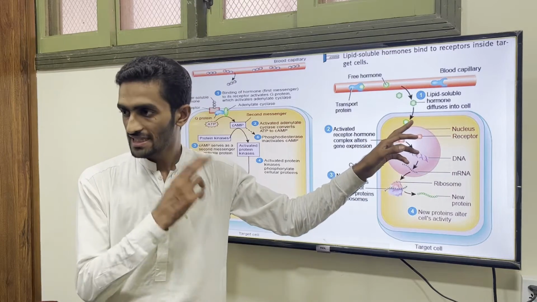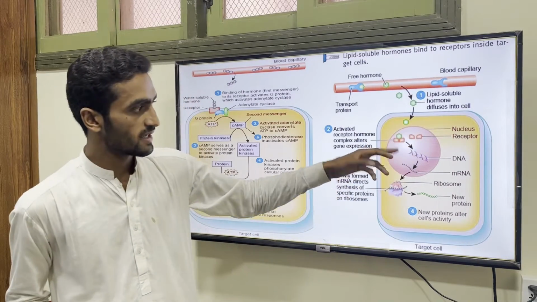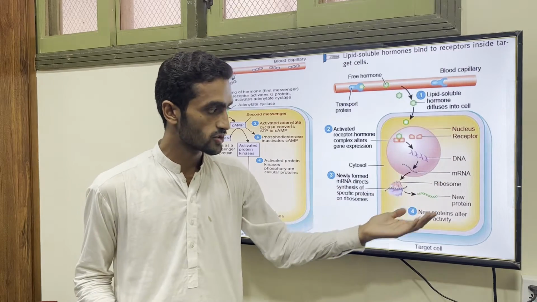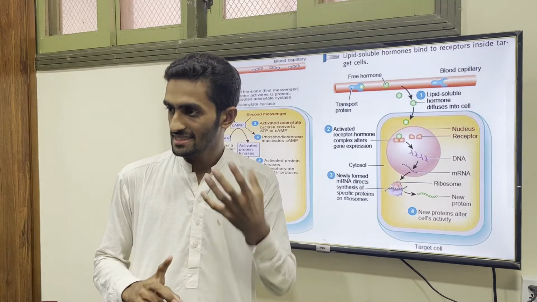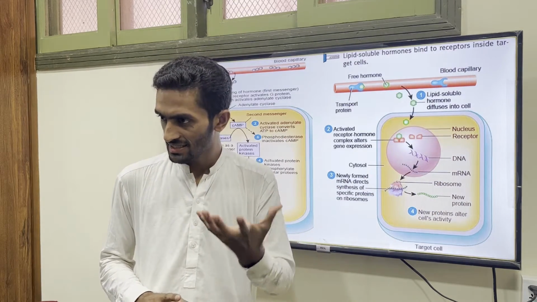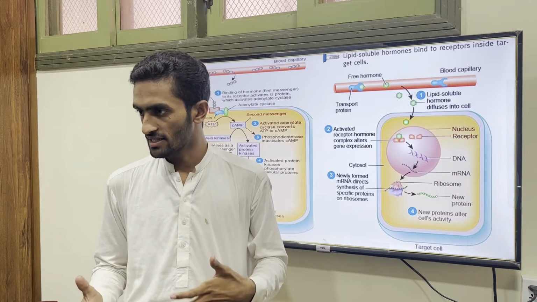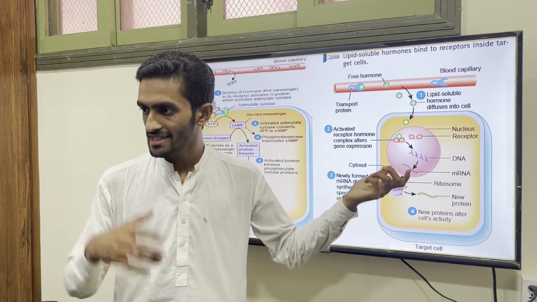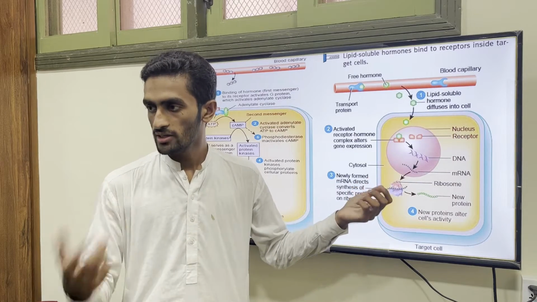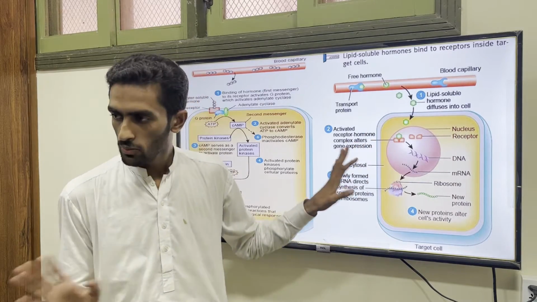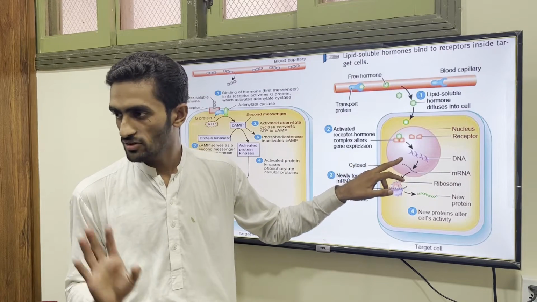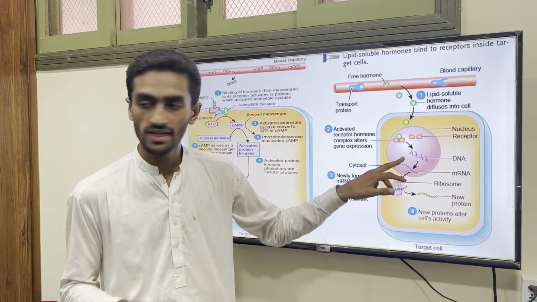For steroids the receptor is present in the cytosol, while for the amine nature or thyroid nature hormones, the receptor is present inside the nucleus, a nuclear receptor. Eventually, at the last, they have to enter into the nucleus.